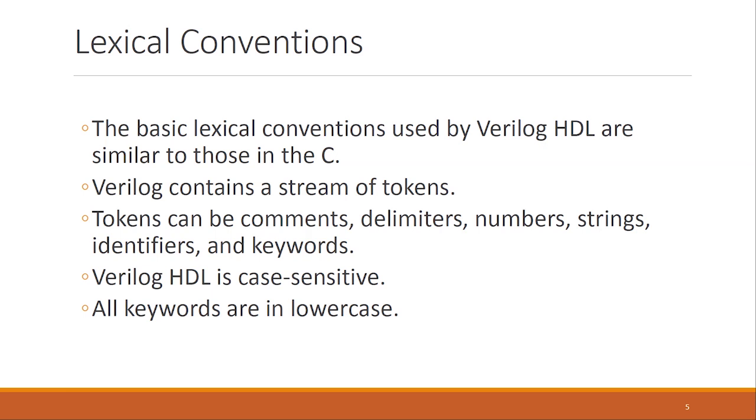When you are defining such wires and registers, you need to be aware that they are case sensitive. And all keywords used in Verilog are in lowercase. That is also similar to what you see in C.